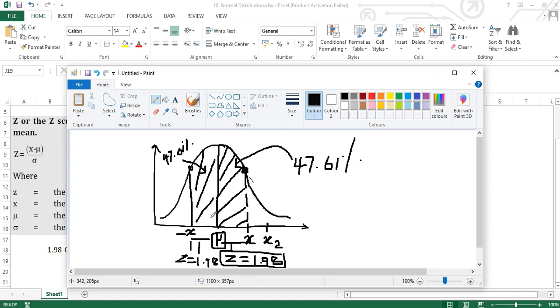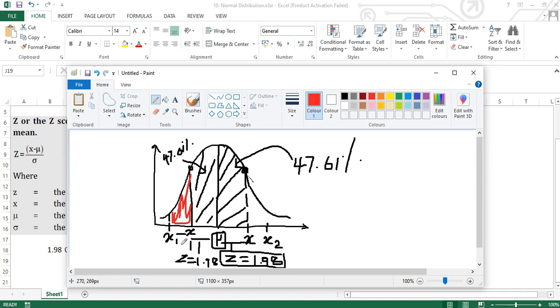47.61. But if you go more than this x value, if you choose a value up to here, we'll call this x1. Then there's an extra portion, right? This portion is extra. Isn't it? Now this one we already found, 47.61. What is this portion?